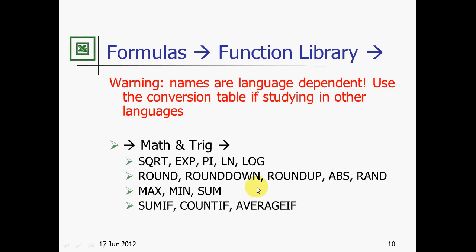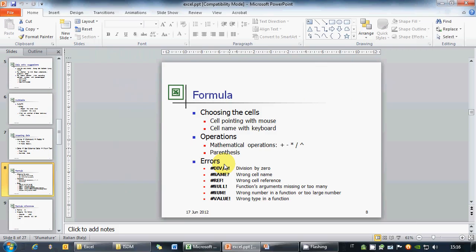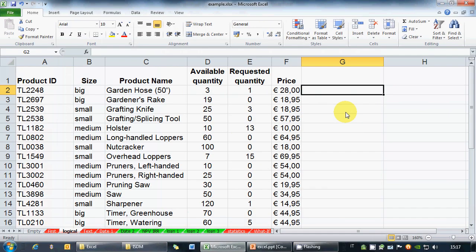Okay, let's see how functions work. Equal. For example, suppose I ask you to print the square root of price. It's a silly request, but the square root of price. SQRT is the function for square root.